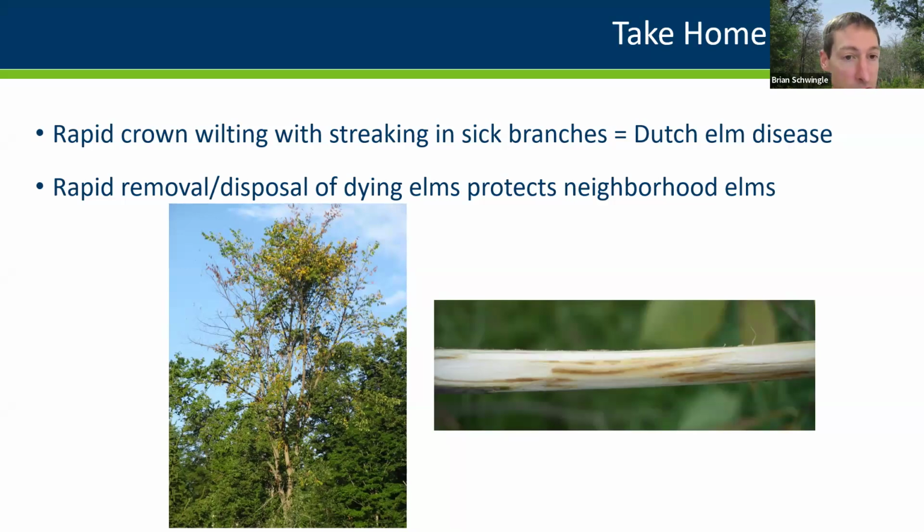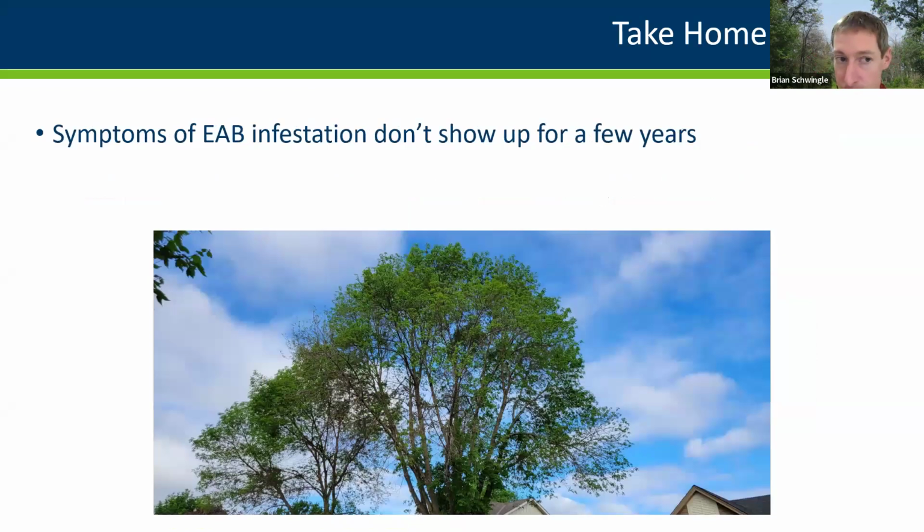So rapid removal and disposal of dying elms can go a long way in protecting the greater landscape against Dutch elm disease. And Minneapolis, I know, has had a pretty successful program over the years.